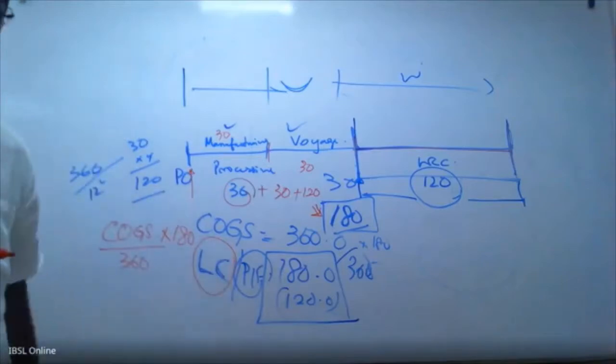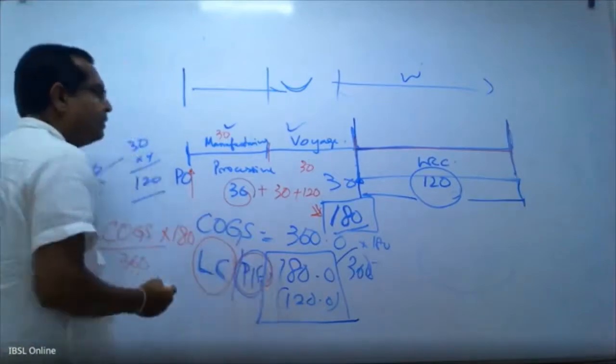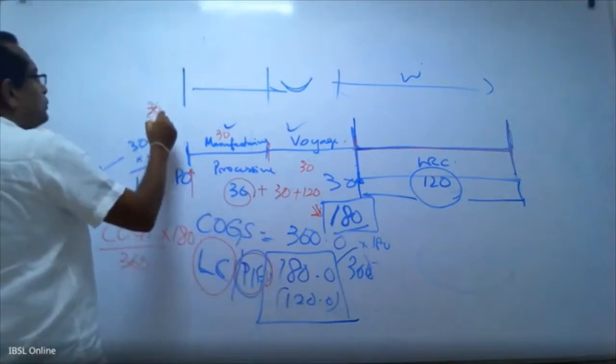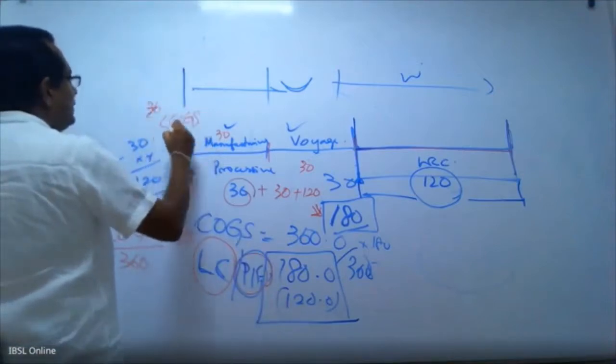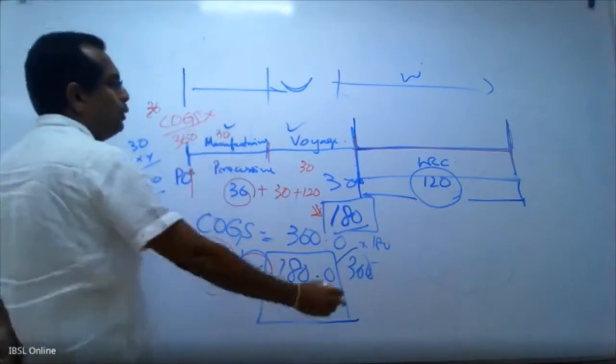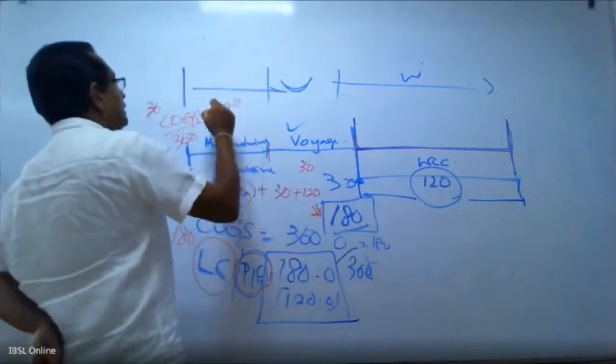LC limit is this. Then how much of money you need to give is cost of goods sold divided by 360 into 120. Right?